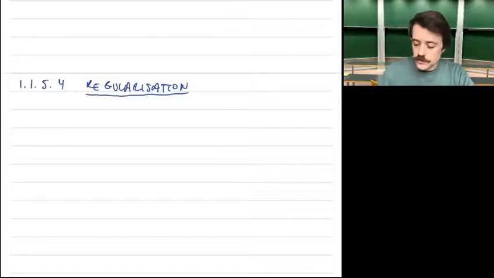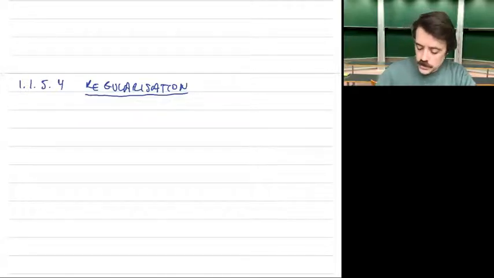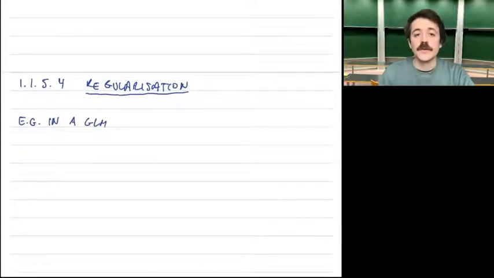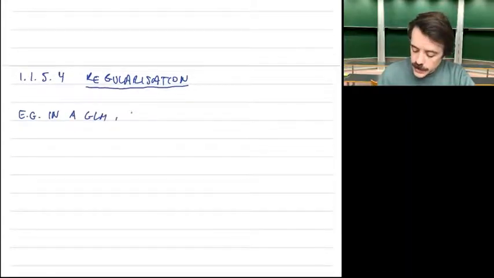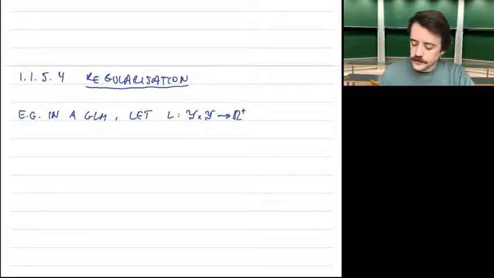So in a GLM, let's take a function. Let L be a function from the space of the responses to the positive real values.